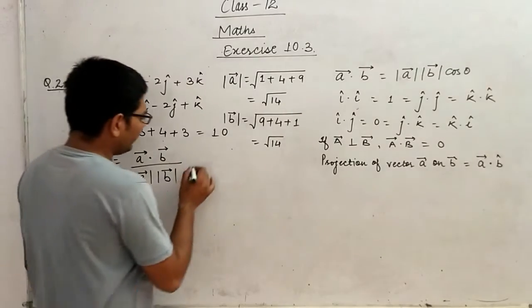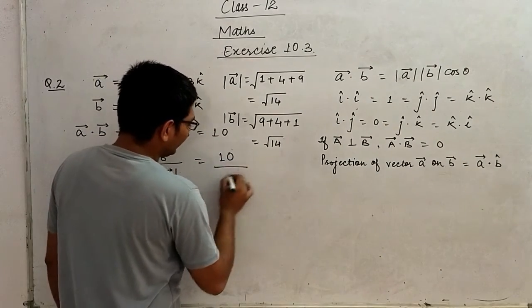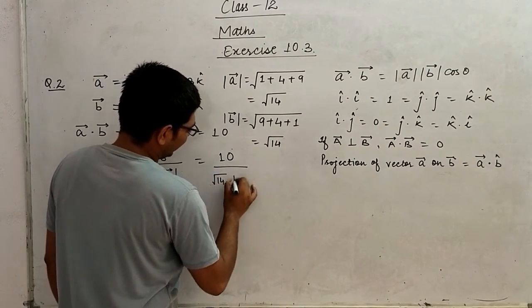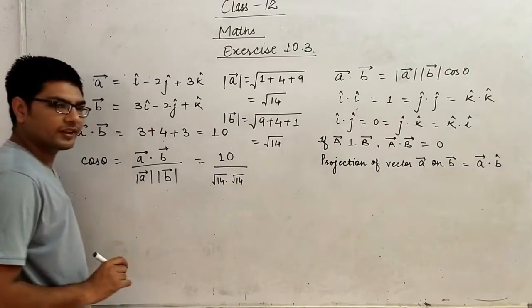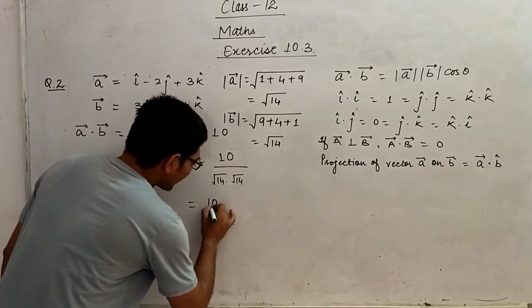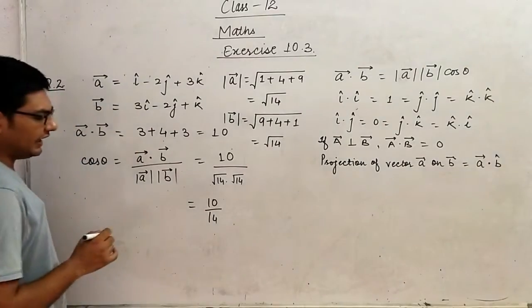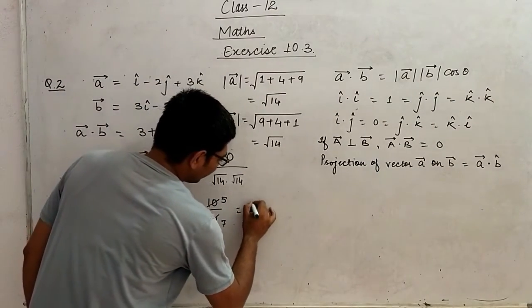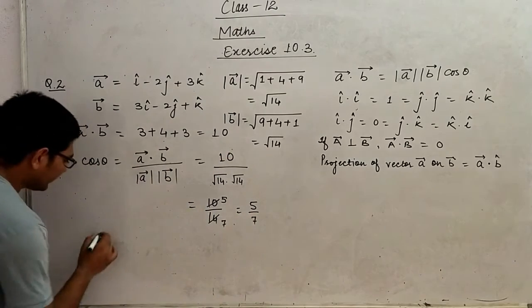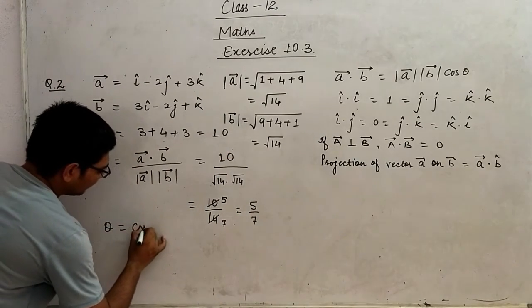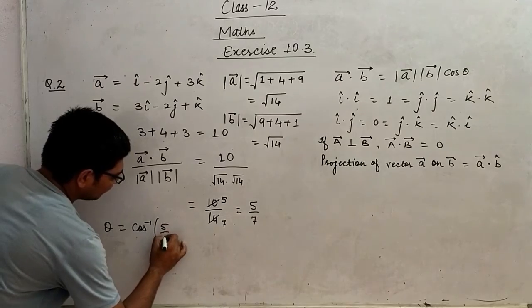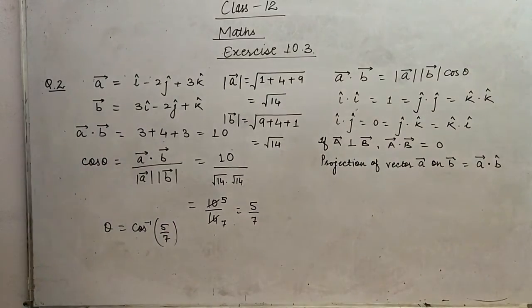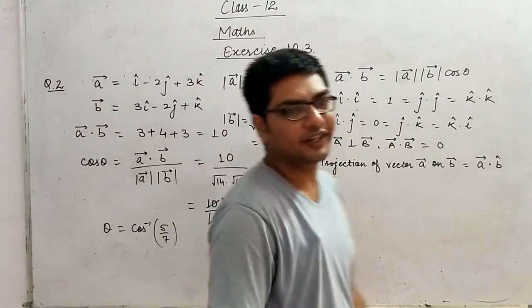So it comes as 10 by 14, and cancelling, 2 fives are 10, 2 sevens are 14, that comes to be 5 by 7. What is the value of theta? The value of theta becomes cos inverse 5 by 7. That's how we are going to solve the second question.